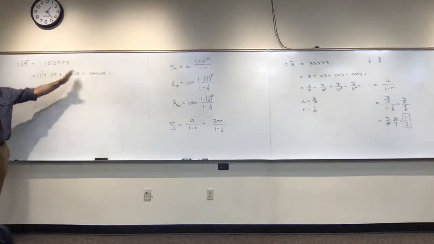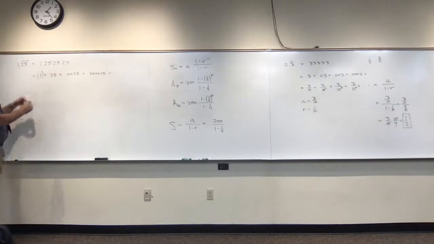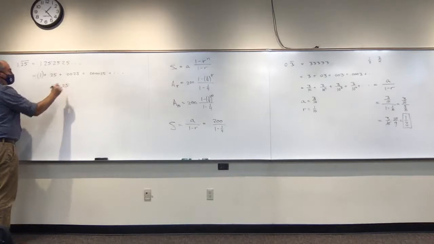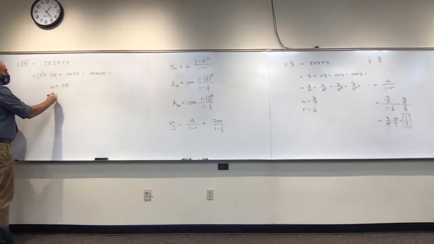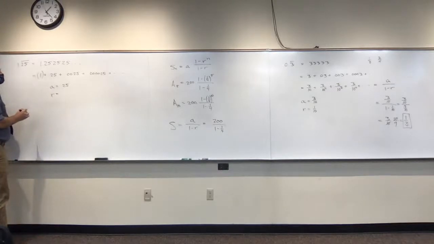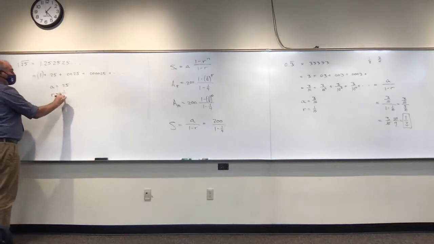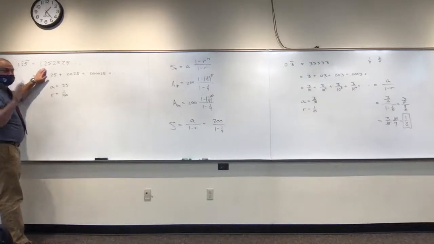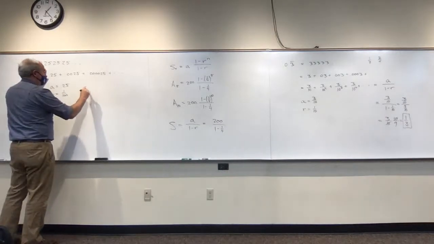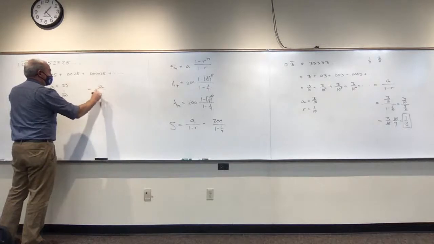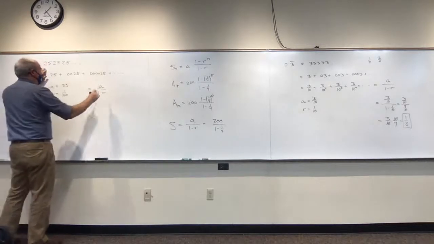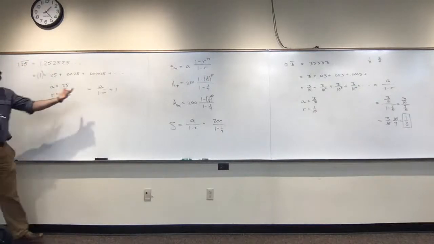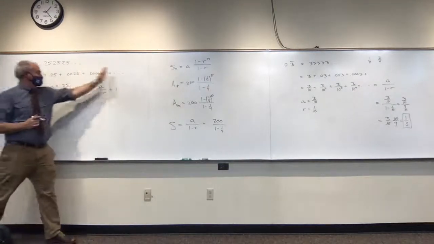That's the geometric part. So now I would just say, okay, A is 0.25. R is what in this case? Yeah, it's 1/100. And so now I could say that forgetting the 1, everything else adds up to A over 1 minus R. But then I'm going to have to add the 1 back in, so this is going to give me all of that stuff.